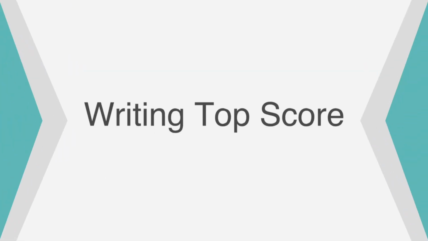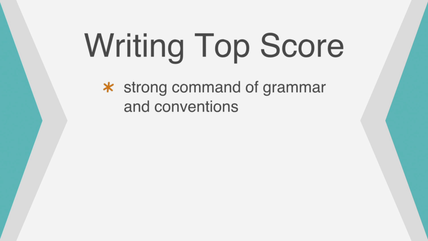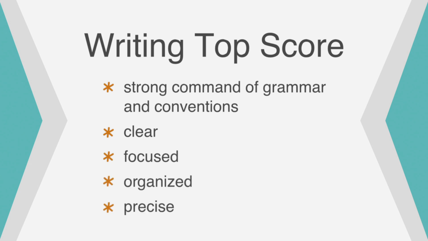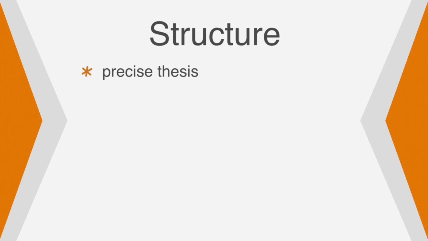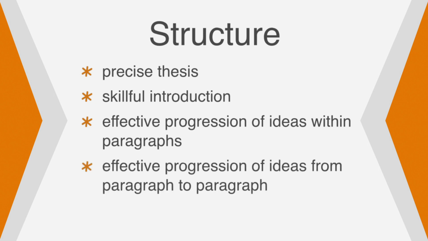Finally, to get a top score in writing, you will need to demonstrate a strong command of grammar and the conventions of standard written English, and your essay will need to be clear, focused, organized, and precise. Also, the essay needs to be well structured, with a precise thesis, a skillful introduction, an effective progression of ideas within paragraphs, an effective progression of ideas from paragraph to paragraph, and a skillful conclusion.